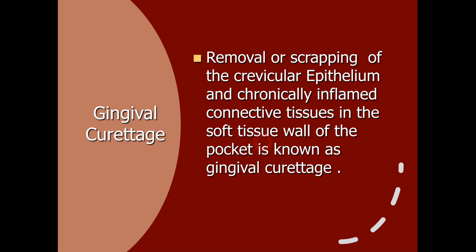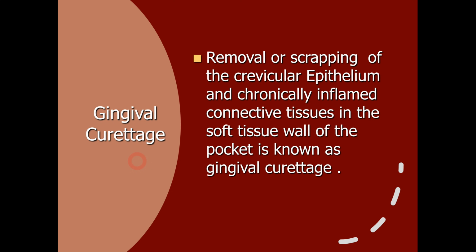When you remove this inflamed tissue, it allows the healthy tissue to flourish, thereby arresting the disease, or you can say improving the health of the normal tissue. This is a very important procedure in periodontics because it helps patients who are suffering from gingivitis and periodontitis.